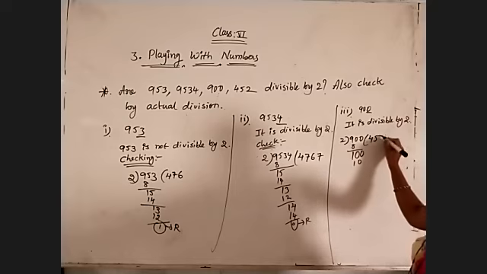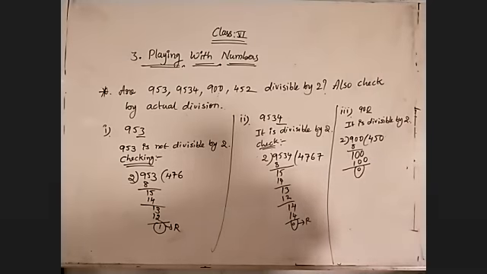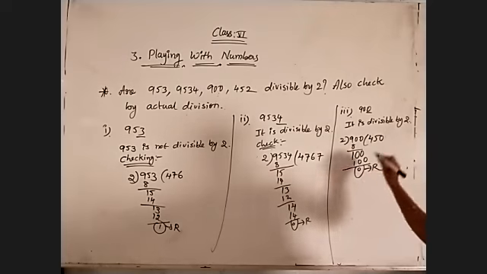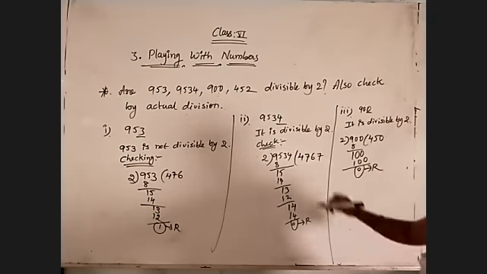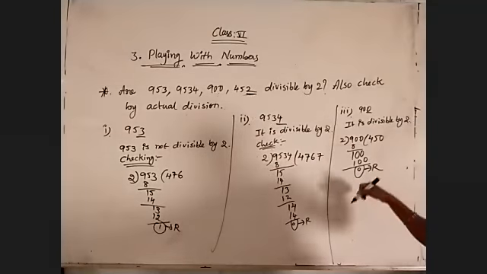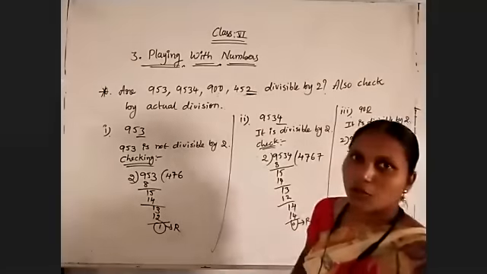And because 0 is there, here 0 I am keeping. 2 zeros I have taken. So what is the answer? It is also divisible by 2. Check for 452 also. Because 2 is there, compulsorily it is divisible by 2. So check with the actual division whether it is correct or not. So I hope you understand this.